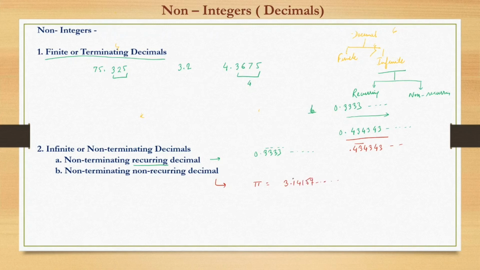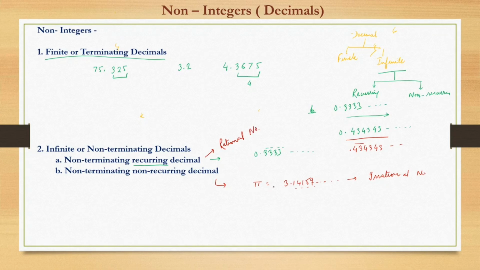The digits are not repeating, we cannot find any pattern here, and the number of digits after the decimal is also infinite. So this is called a non-terminating and non-recurring decimal. Non-terminating because the number of digits after the decimal is infinite, and non-recurring because we cannot find any pattern of repetition. So these numbers are basically irrational. These are irrational numbers. We have seen that earlier. The others are rational numbers. Why, we will see later on.